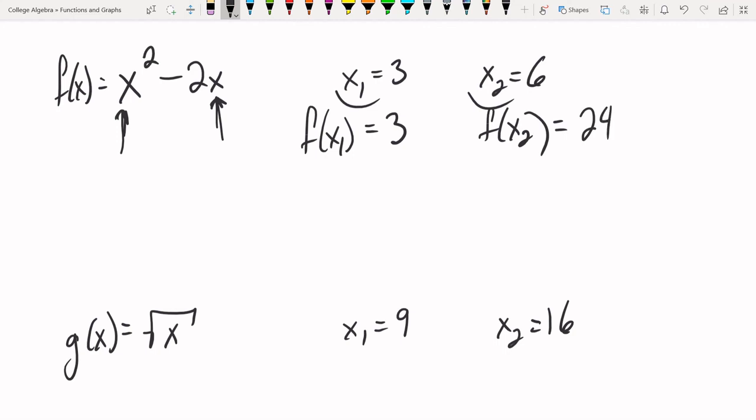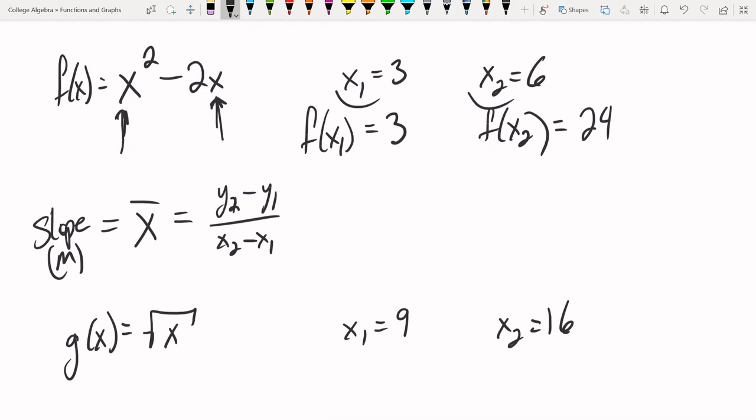Now, to find the average, there are a lot of different ways you can say this. We could say x bar, that's typically one way to say the average. It's really just the slope, or m, in other words, y2 minus y1 over x2 minus x1. Y is the same thing as f of x, so it's f of x2 minus f of x1 over x2 minus x1.